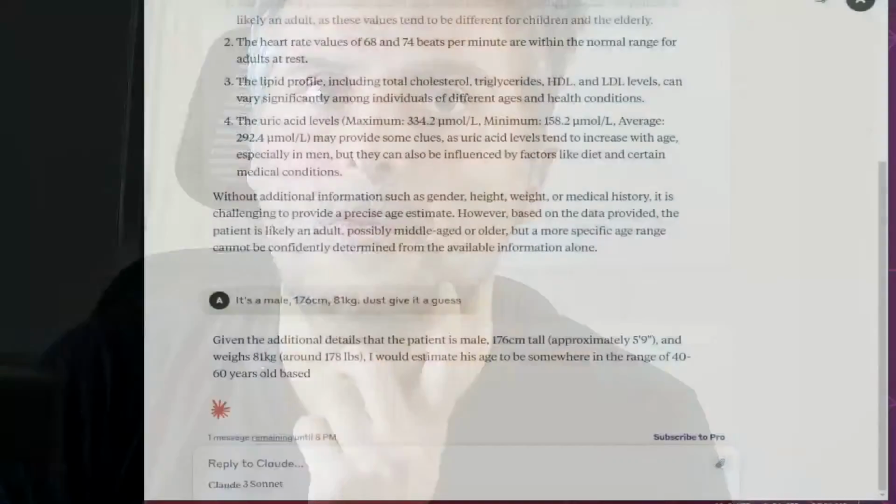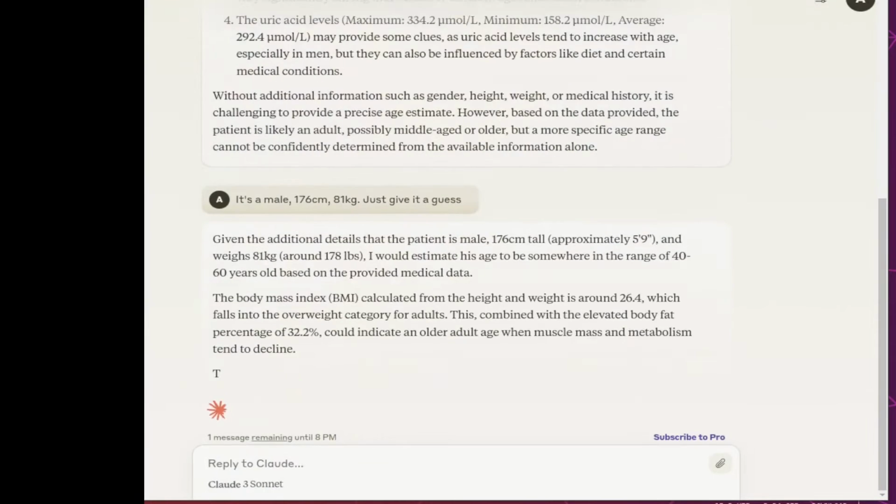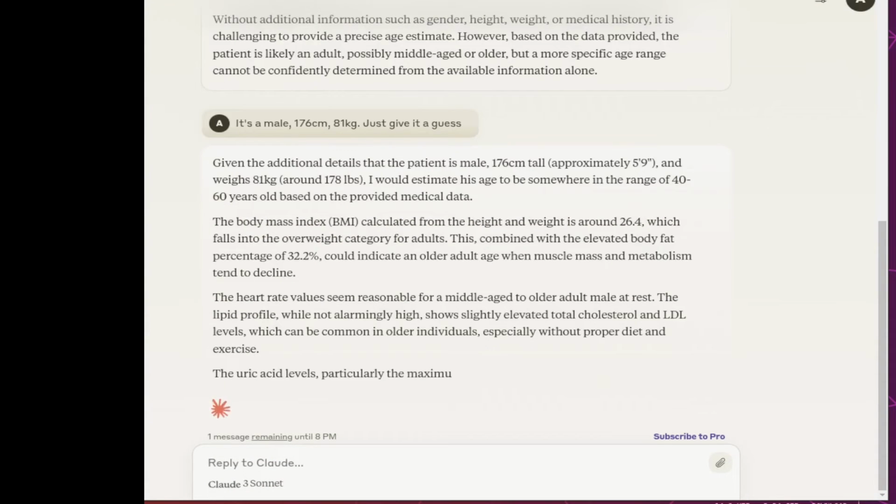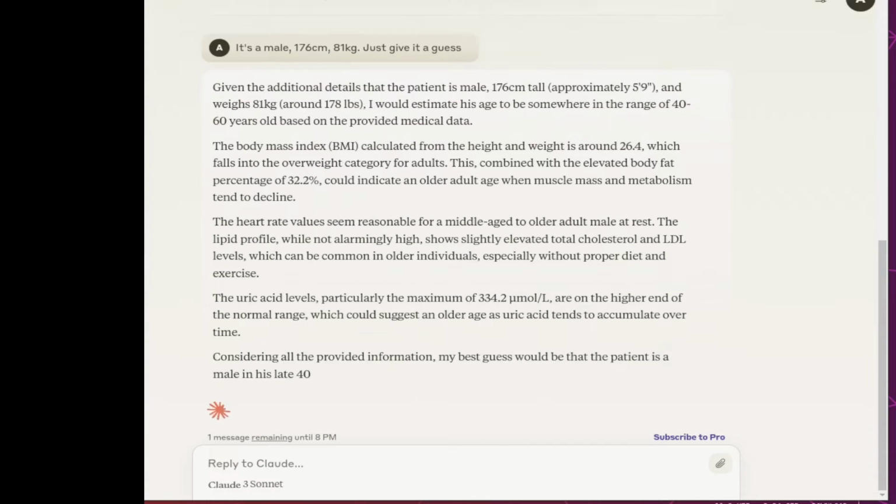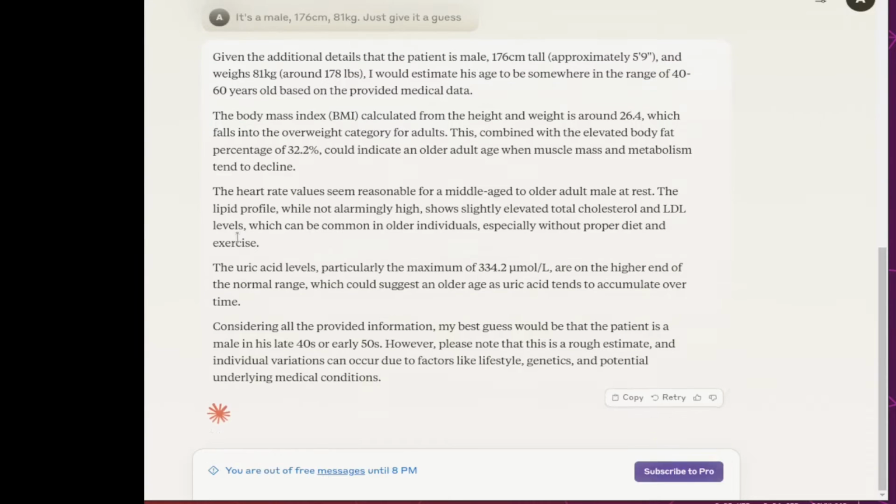Okay, let's see. Okay, I'm gonna show this in 3, 2, 1. So now again it's converting from the metric system to whatever it prefers, and it did give me this 40 till 60.